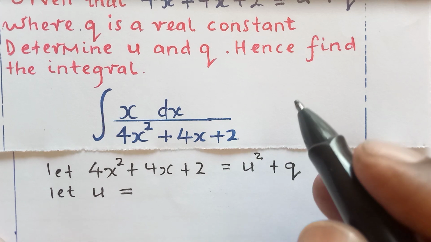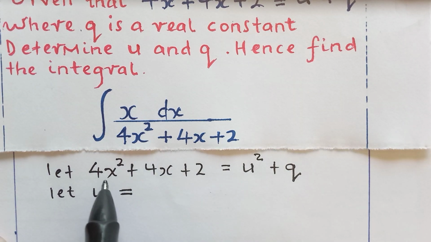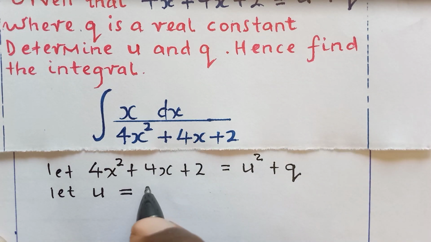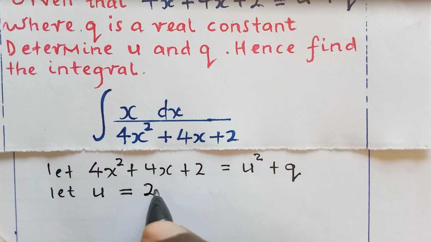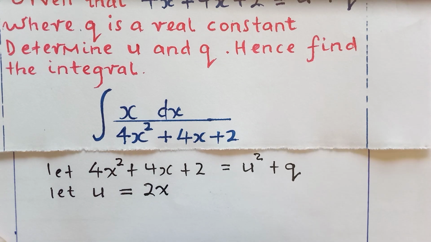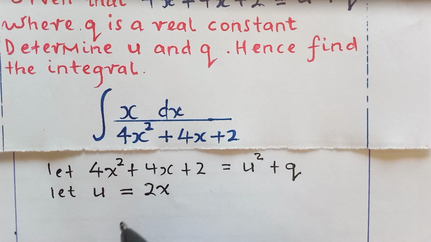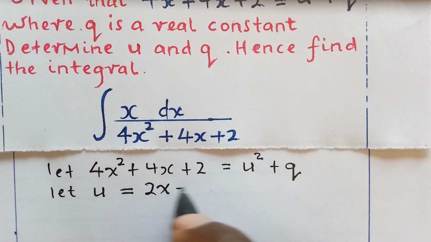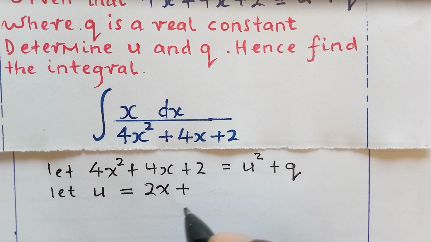So for the very first factor here, we know when you square it you get 4x squared. So this one is now going to be 2x. That one guys, we are aware of. But the second one, we may not find it easily, so we'll have to find what it is.